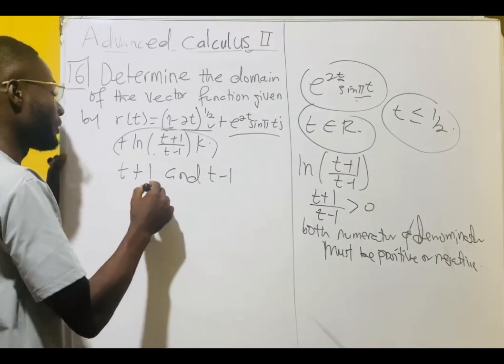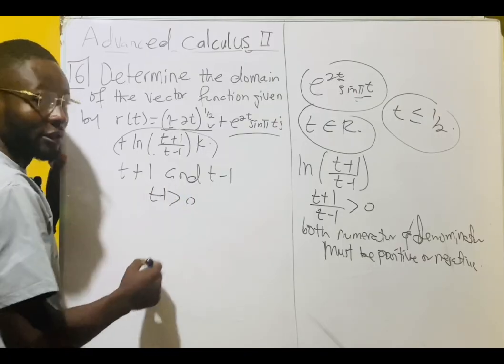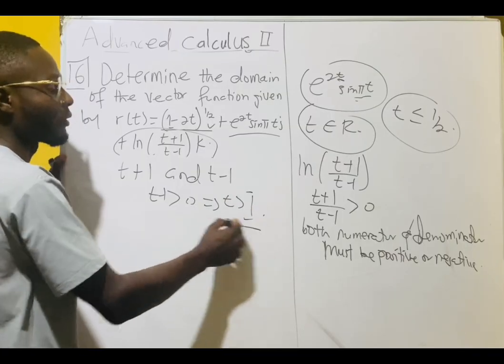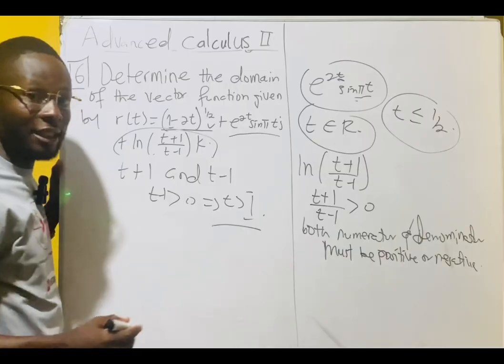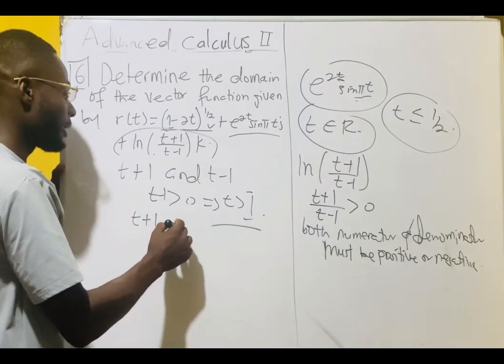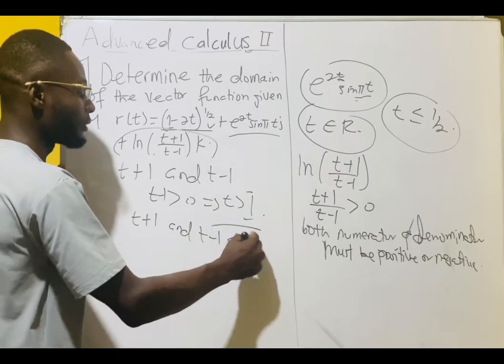So it means that t should be greater than 0. So we're going to have t greater than 1. Okay. And if they are all going to be negative, then it means that t plus 1 and t minus 1 should be less than 0.